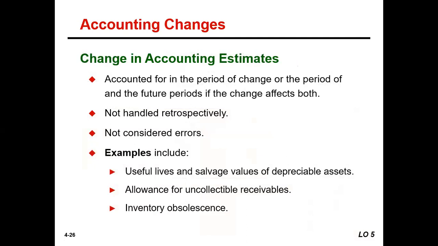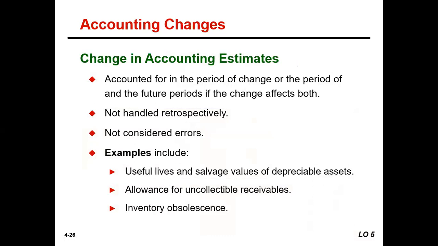All right, change in accounting estimates. An accounting estimate is, for example, the salvage value of an asset, or what we expect bad debt expense to be. It's given us these examples down here. Useful life of the asset: we expect this asset to last 5 years, for example.